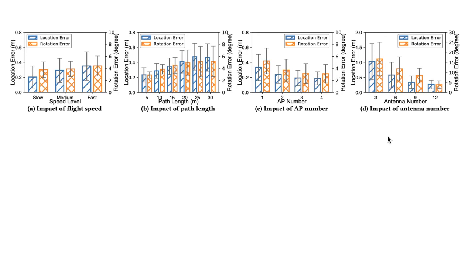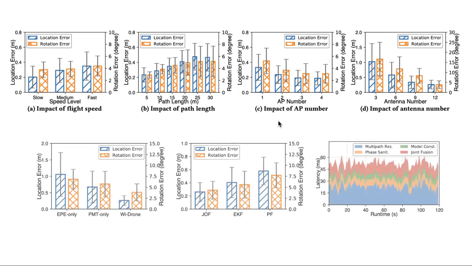Similarly, if we increase the number of antennas, we can reduce the location errors from 1 to 4 meters, and rotation errors can be reduced from around 15 to 4 degrees. And they also checked in the component ablation study.